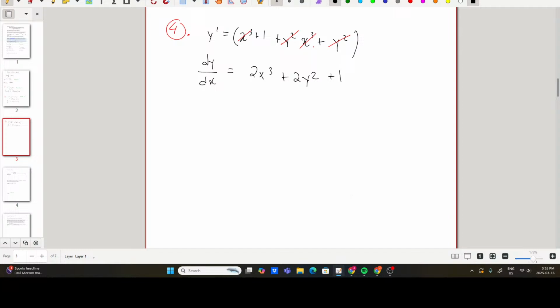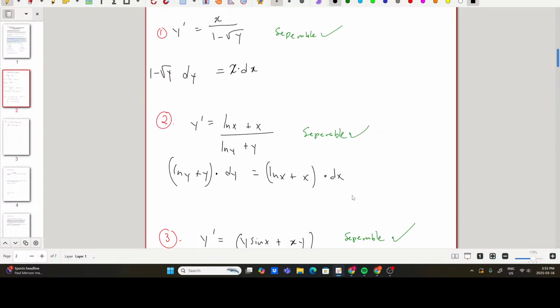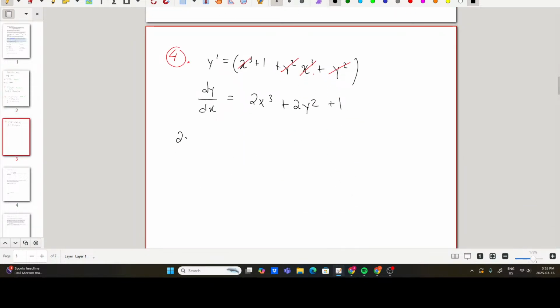Now, if I look at this, can I divide this entire statement by 2y squared? What if I did dy, sorry, hold up. So it would be like 2 dy over 2y squared, something like this, and that is going to be equal to 2x cubed plus 1 dx, something like this.